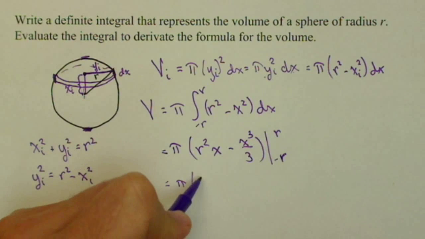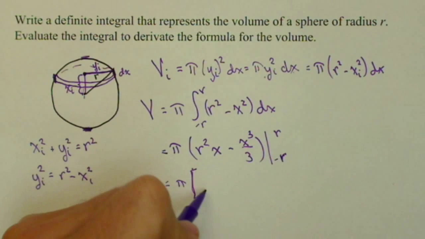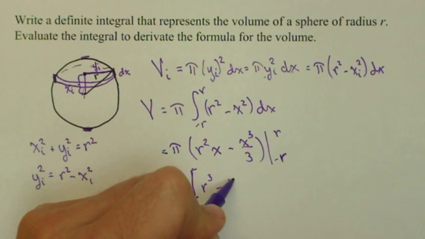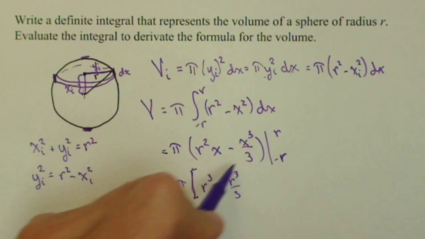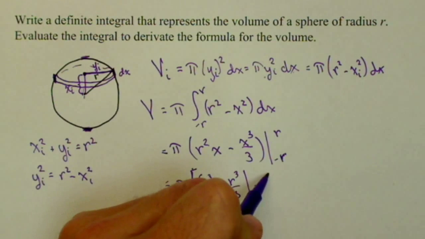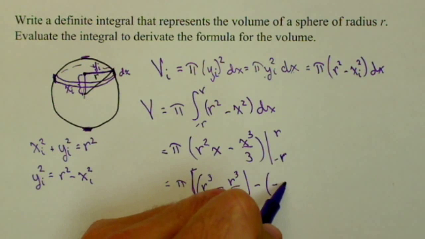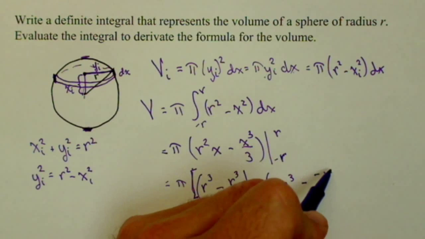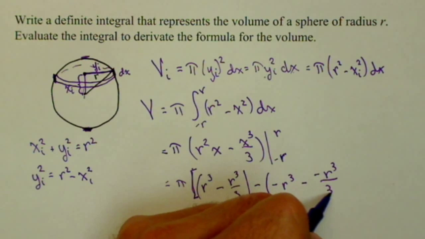So pi, let's put in our limits. So when I put that in, I'm going to get r cubed minus r cubed over 3. There's my upper, minus negative r cubed minus negative r cubed, because it's an odd power, over 3.